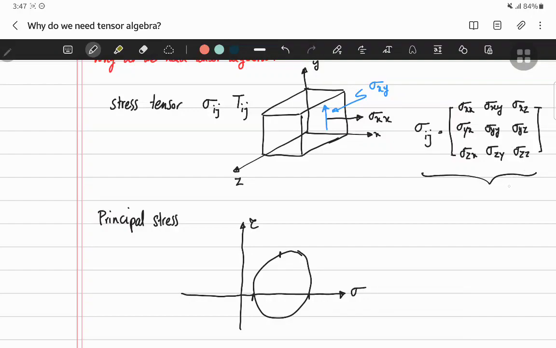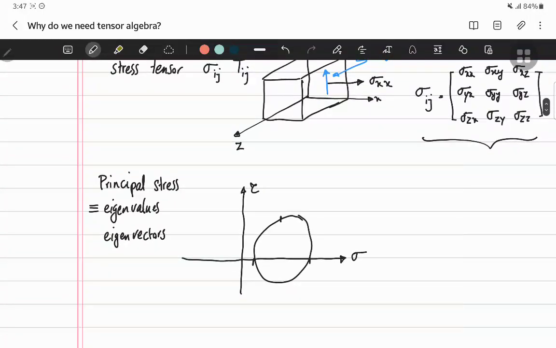Basically, principal stresses are equivalent to the eigenvalues of the stress tensor here, and the planes that they act on are basically the eigenvectors. So simply by knowing how to calculate the eigenvalues and eigenvectors, you will be able to find the principal stresses. And then you will find the maximum and minimum stress, as well as the maximum tangential stress.